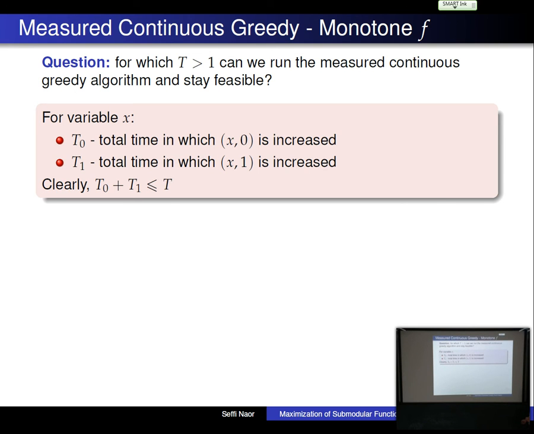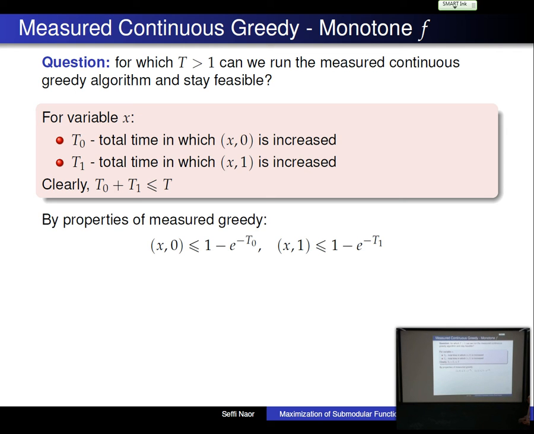And the question is, I want to run the algorithm beyond time 1, up to big T. So let's look at the variable x, and let's say t0 is the total time in which x,0 is increased, and t1 is the total time in which x,1 is increased. Well, clearly t0 plus t1 is less than or equal to t.